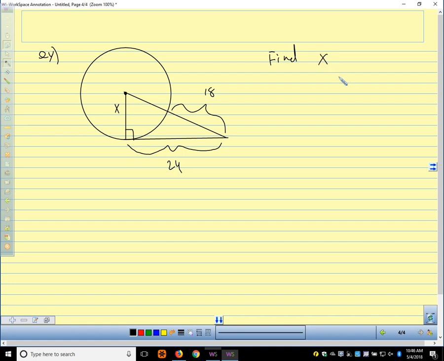And we want to find x. So they might have told you that this segment down here, the 24 segment, was tangent to the circle at this point. So that's another way you might have had this problem set up.